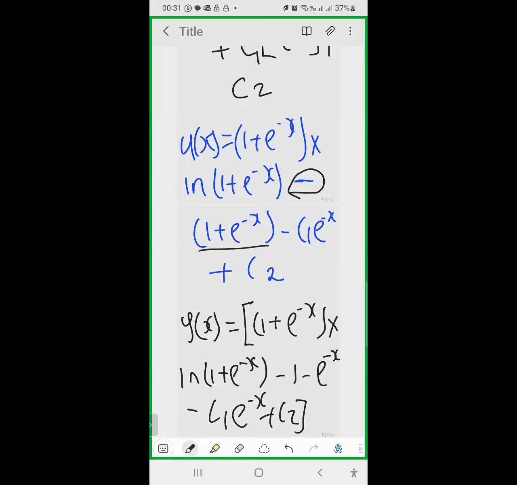So we multiply this whole thing by y1, and our y1 is e to the power 2x.